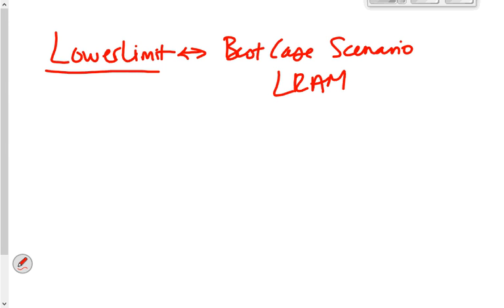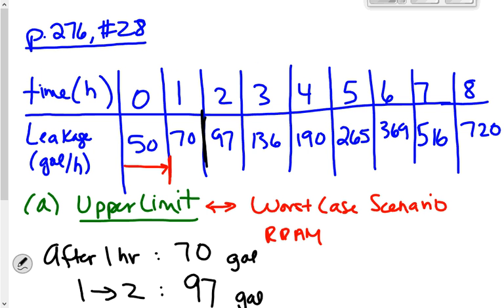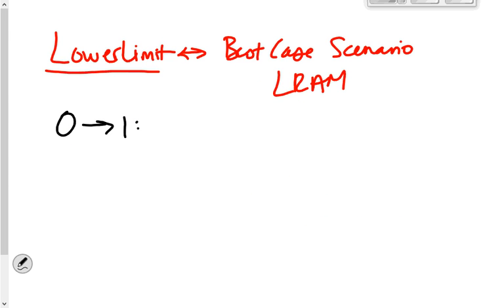So now I'm going to take the left side of the interval and use that as my value. So again, from 0 to 1 hour, I'm going to use the value here at the beginning of the interval, which is going to be that 50. How about from 1 to 2 hours? What am I going to lose in that second hour? 70.